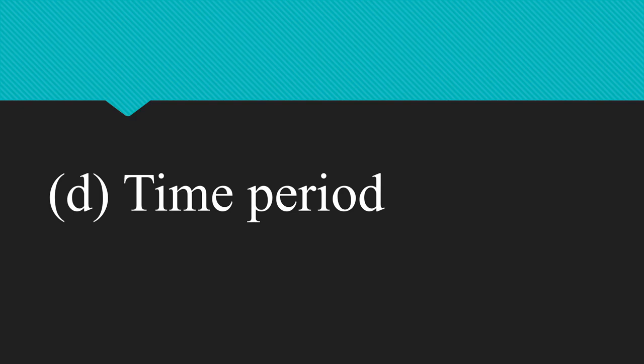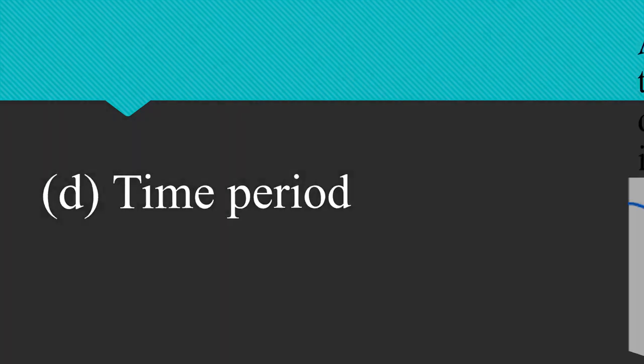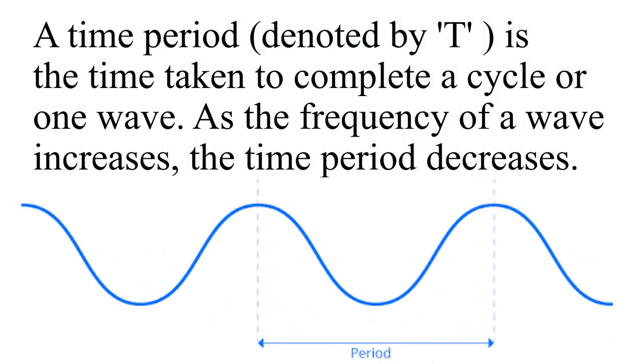Term D is time period. A time period, denoted by capital T, is the time taken to complete a cycle or one wave. As the frequency of a wave increases, the time period decreases.